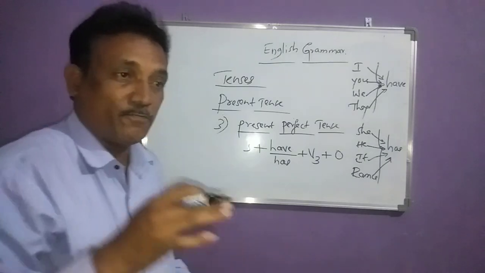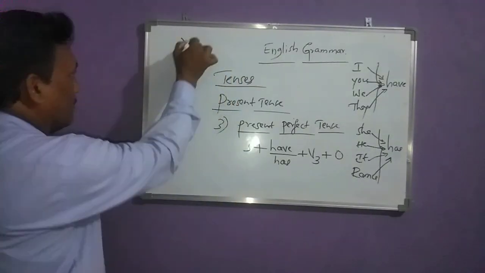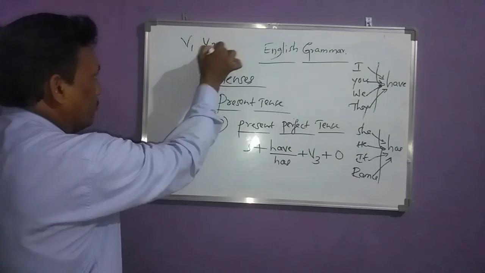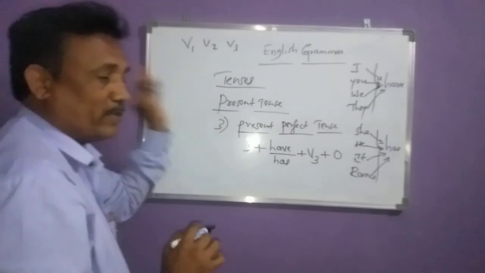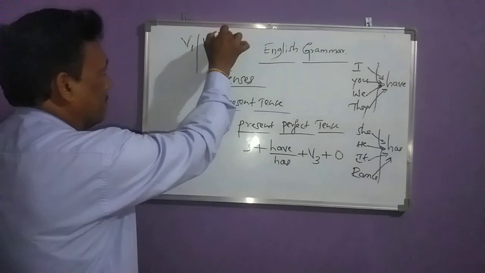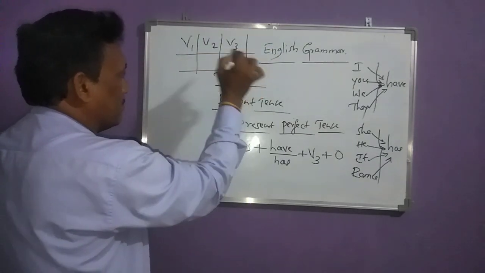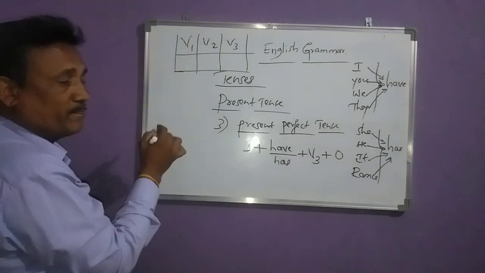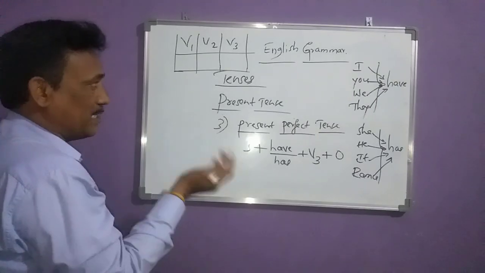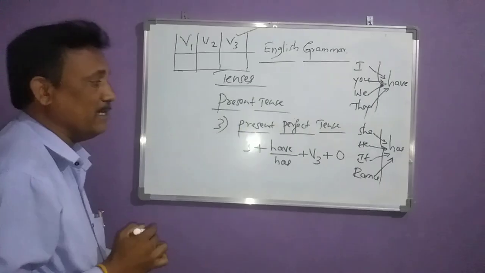V3. Which verb is used in which tense? The possibilities are V1, V2, V3. In verbs there are only three. So first you should know this table. Thousands of words will come. Take any one example, and the V3 column should be taken here.